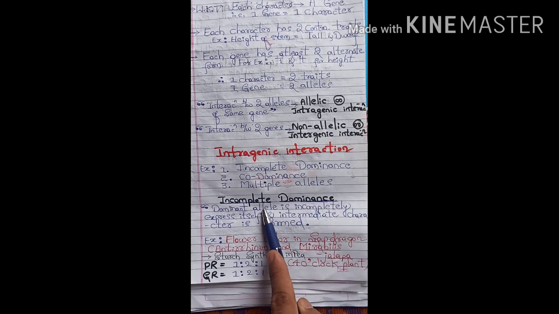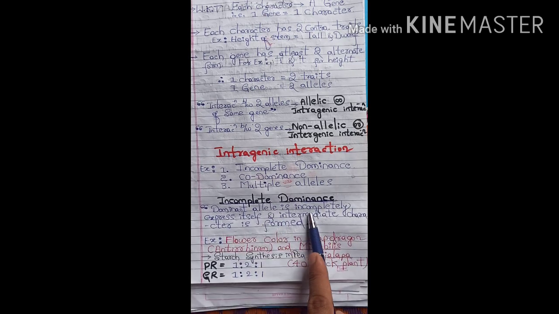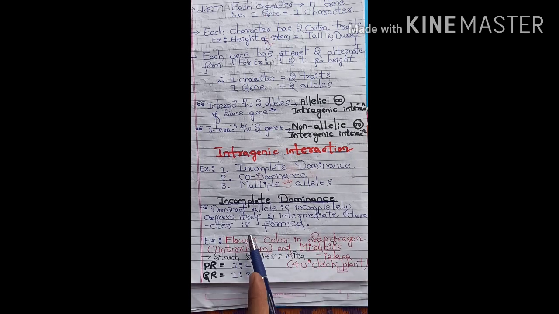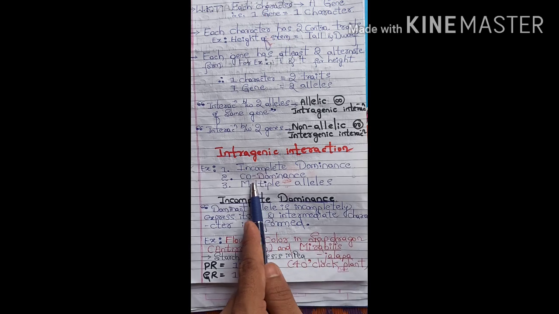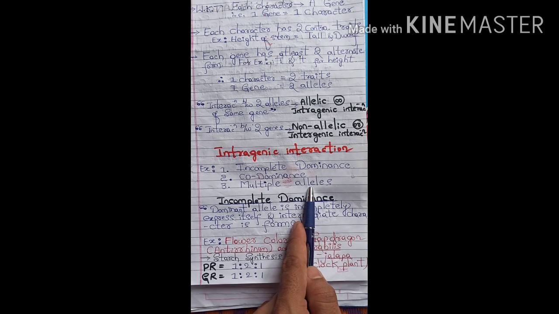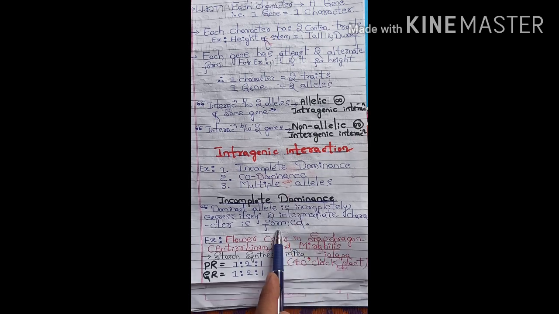Of course it is dominant, but it is incompletely expressed, hence an intermediate character is formed. For example, flower color in snapdragon. When a red flower producing plant is crossed with a white flower producing plant in snapdragon, in the F1 generation, pink color is produced.